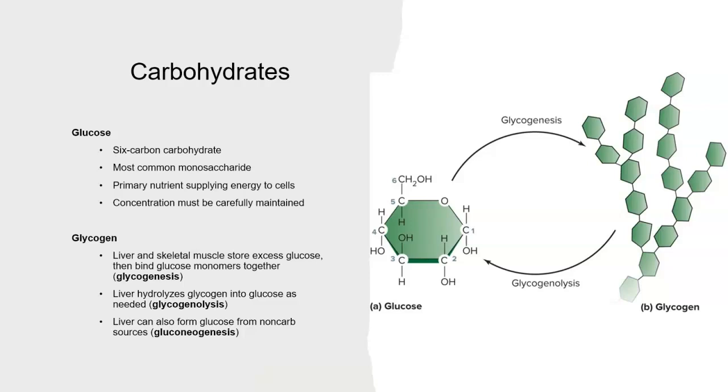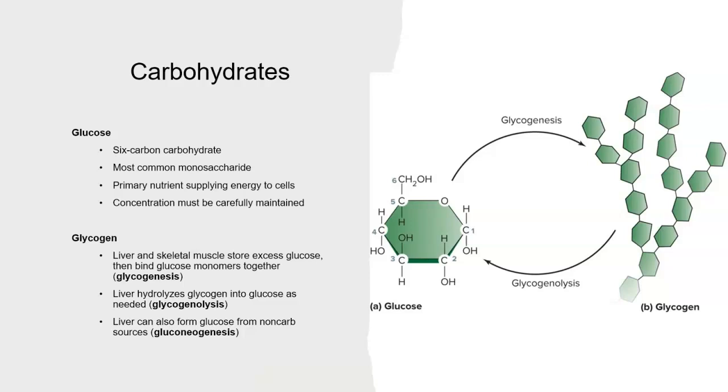So when the liver breaks down all of these chemical bonds that you see over here, holding all of these glucose molecules together, now we're back to individual little glucose molecules that we can release into the blood, and blood sugar level rises.